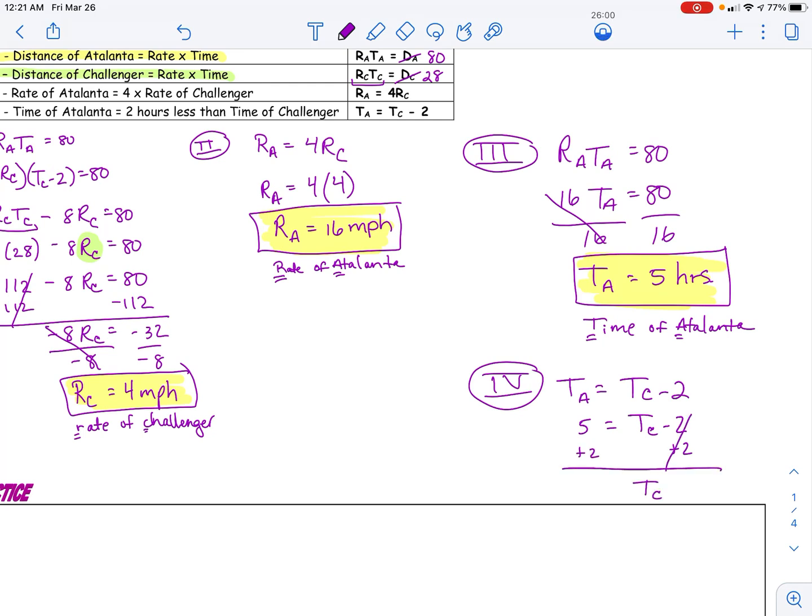And this will be really quick and easy to get. So the time of the challenger is 7 hours. And that is, we'll write right here, time of challenger. If you can fit it in there, I'm going to run off my page. That's the T sub C.